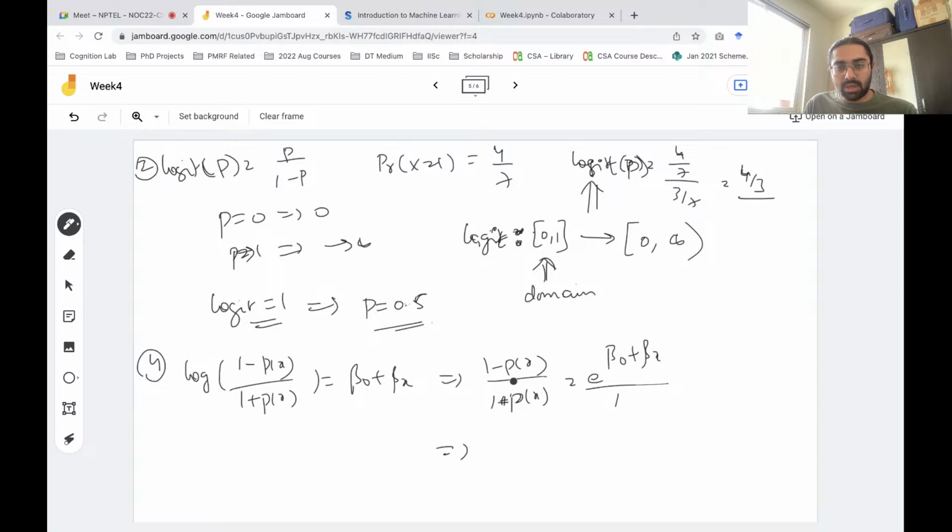So this becomes 2 times p of x by 2 is equal to 1 minus e power beta naught plus beta x by 1 plus e power beta naught plus beta x, right? So this is the answer. This is p of x. All right.